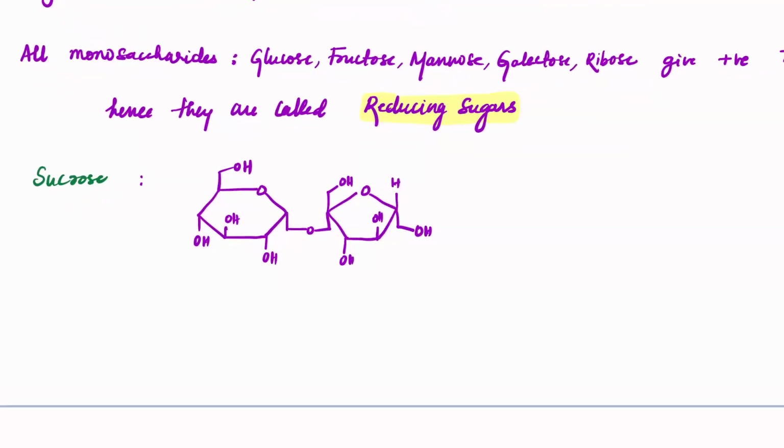Now notice in the sucrose structure, this is OCO. That means there is no hemiacetal bond. This is only an acetal bond. Since there is an acetal bond only, sucrose is a non-reducing sugar.